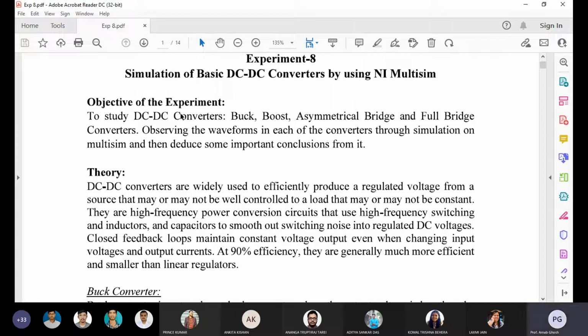And their applications. In a buck converter, the output voltage is less than your input voltage. The boost converter is known as a step-up converter: whatever input voltage you give, you get more output voltage, but without changing the power.